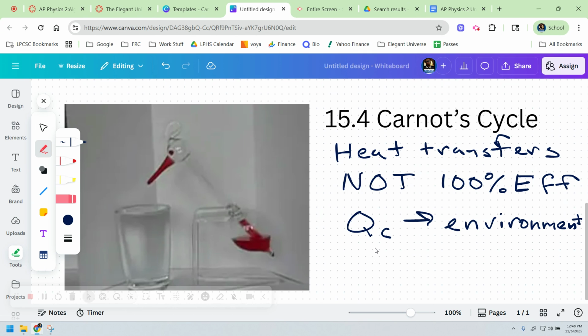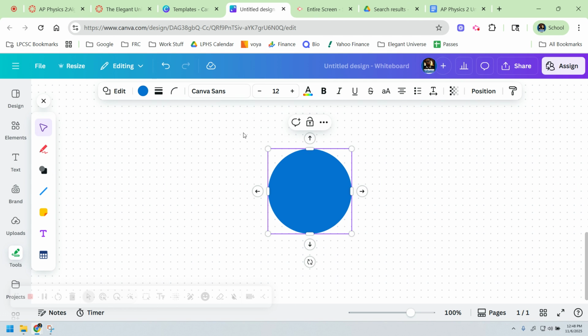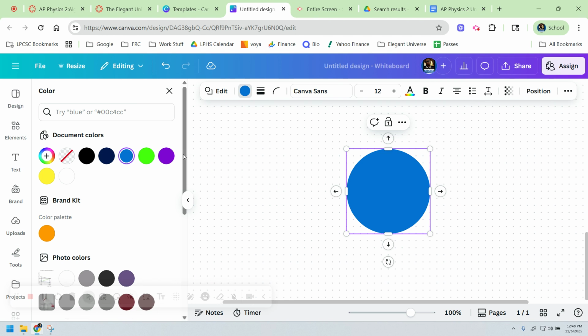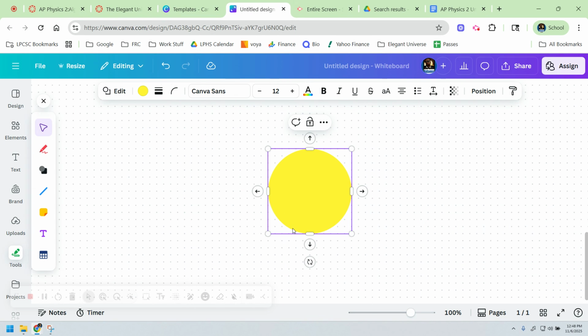And so just to kind of recap, remember for a heat engine, we have our system, perfectly drawn system. So we have our system here.